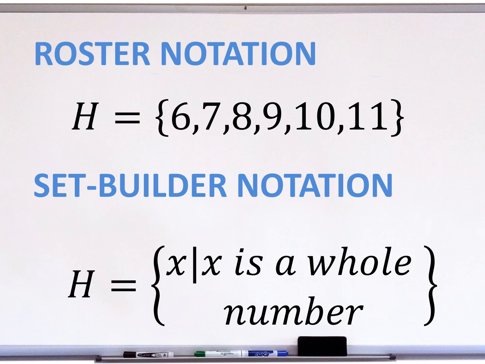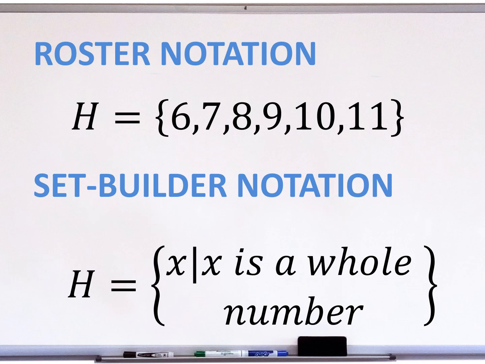But how about the numbers 12, 13, 14, and the numbers less than 6 such as 5, 4, 3, and 2? They are also still whole numbers. So therefore, we are going to add another phrase to the given statement so that it may suit the given set.